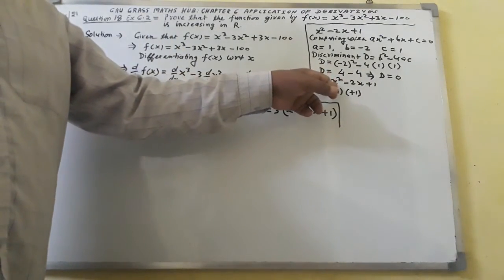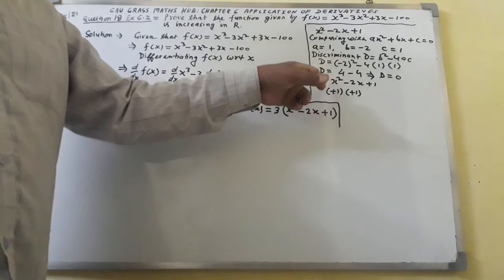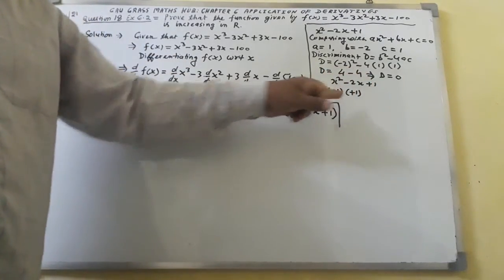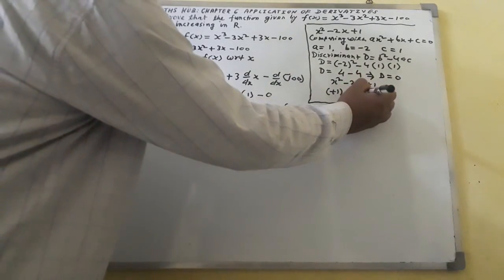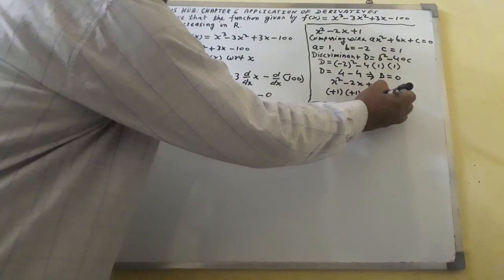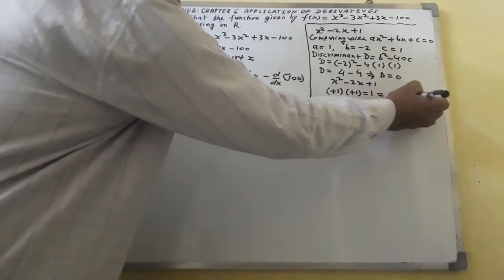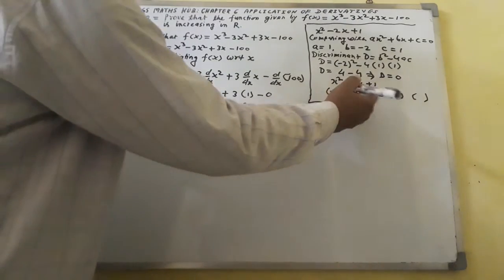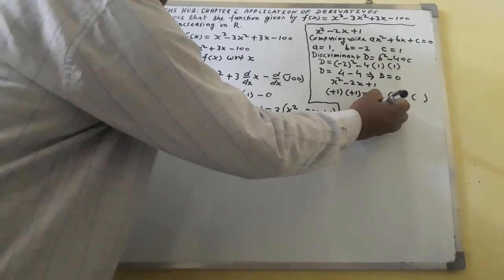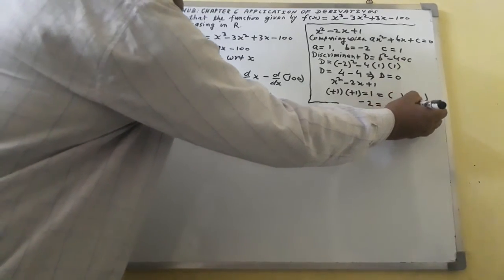Both will be multiplied together. We will get here 1 equal to. Make two boxes like this. And here I shall write the coefficient of x, that is minus 2, equal to, draw the boxes like this.